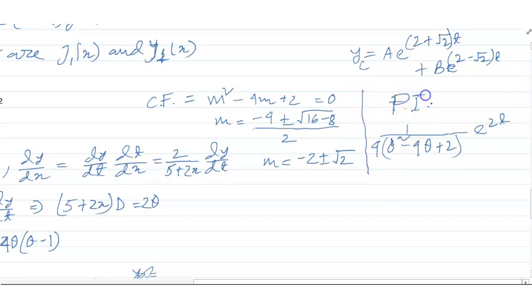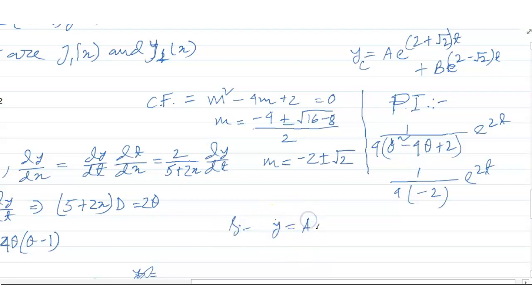It can be written this way, PI, and when I put the value 2, this value is 4 minus 8 plus 2, so this value is 2 into e to the power 2t, because it is not coming 0. And the value is y, y can be written, so my answer is simple.